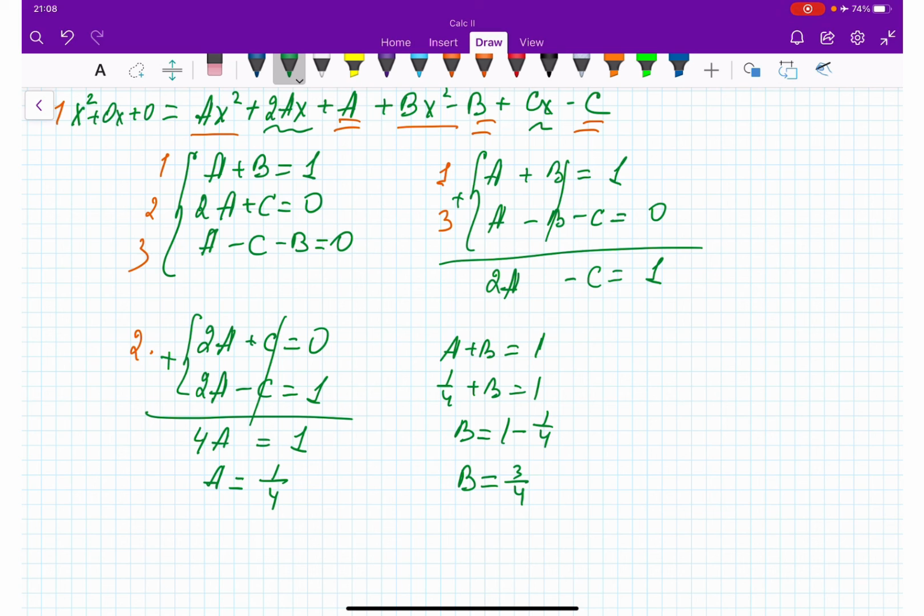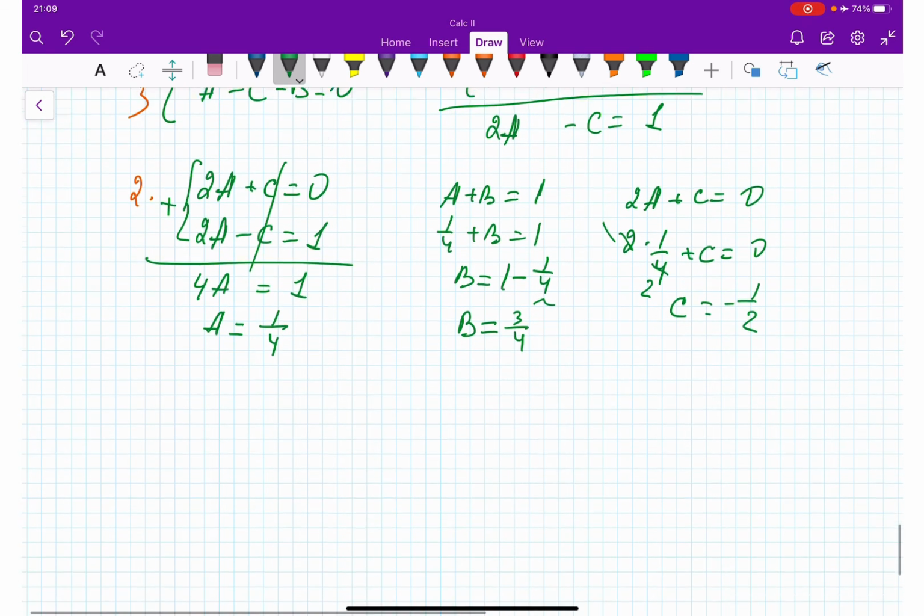How am I doing it so quickly? 1 is represented as 4/4, and why 4/4? Because the denominator is 4, and then 4 minus 1 is 3. Okay, and we need to find C. I will find C from the second one, 2a plus c equals 0. So 2 times 1/4 plus C equals 0, so this is 1/2, and C is equal to negative 1/2.